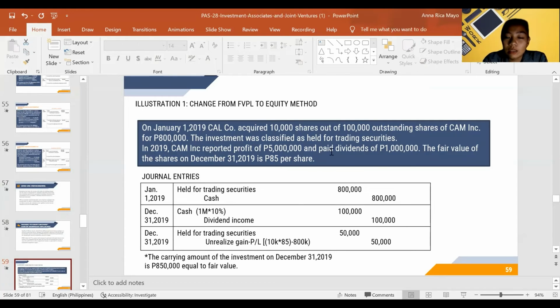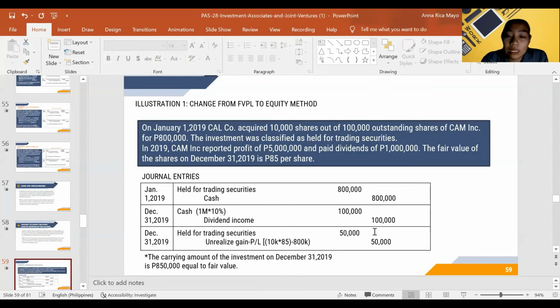Ito yung entry sa pag-acquire mo ng kanilang 10,000 shares, which is 800,000. And then, noong December 31, 2019, nag-paid dividend siya ng 1 million. So, ibig sabihin, magkakaroon siya ng cash na 100,000 and then dividend income 100,000.